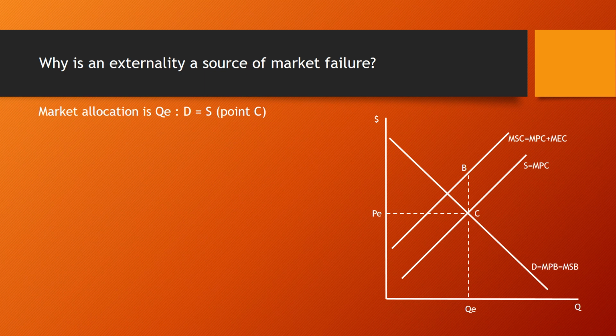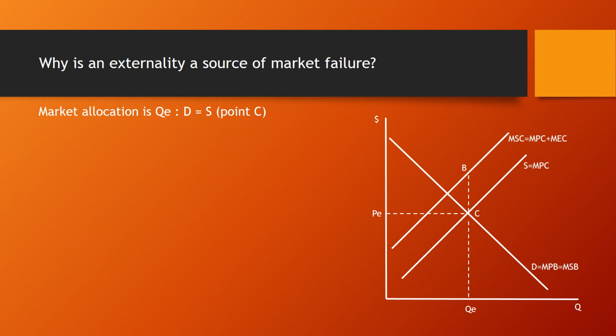But when there is a negative externality, the full marginal social cost equals MPC plus MEC, and the marginal social cost will therefore always be above the supply curve in the model of a negative externality.